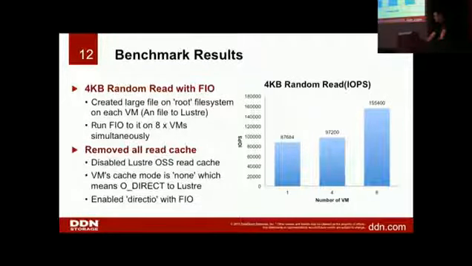I also use direct I/O in FIO, so completely no caching at any layer. Then I create a very large file for the read. After writing the files, I remove all the caching, then run the read test.